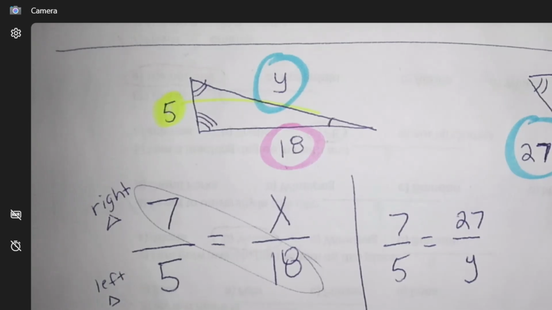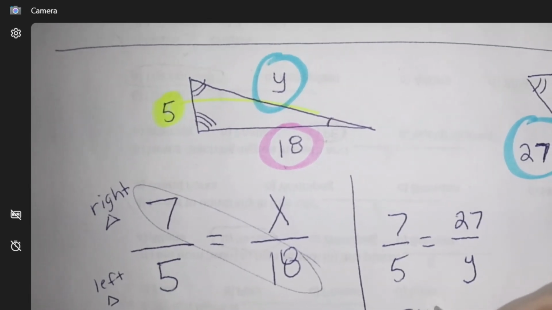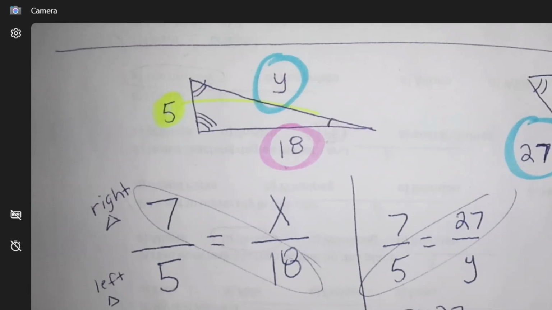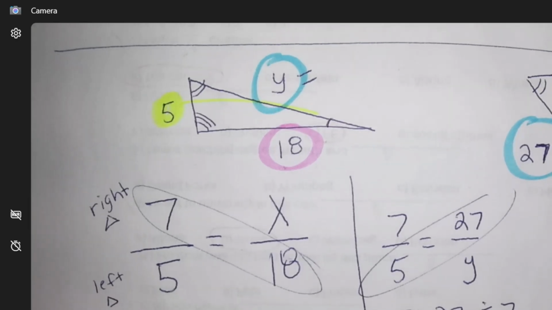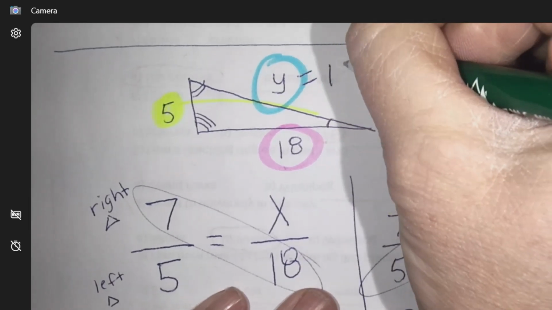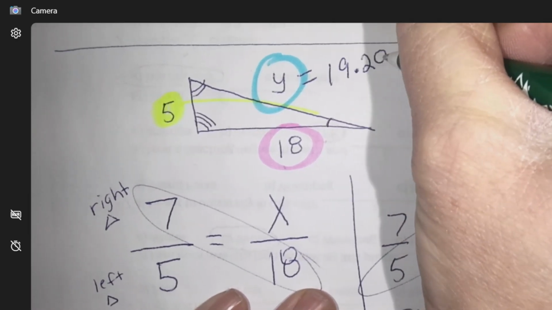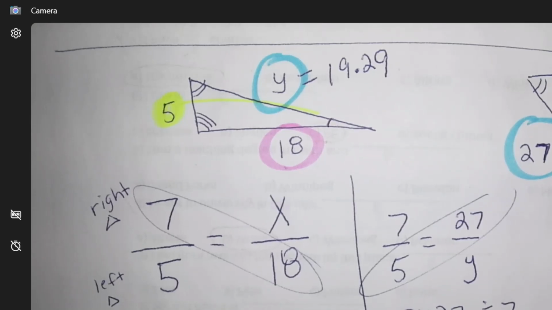So proportions get solved, something times something divided by something. What is it going to be in this case? 5 times 27 divided by 7. $19.29, and yeah, that was rounded.